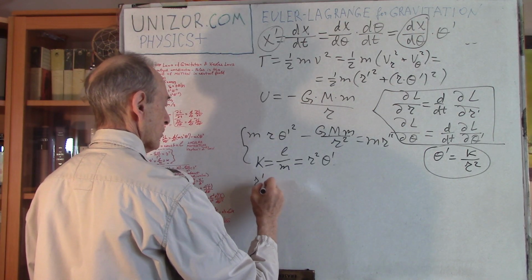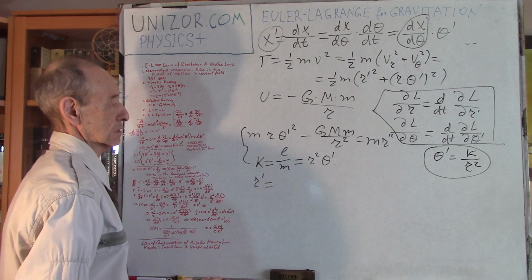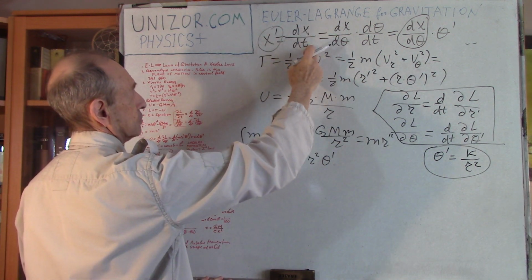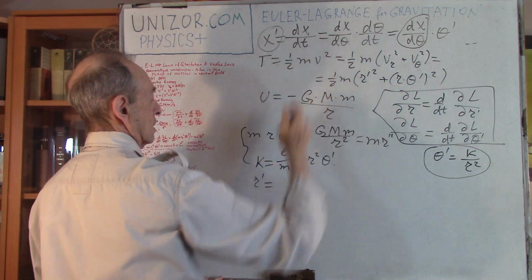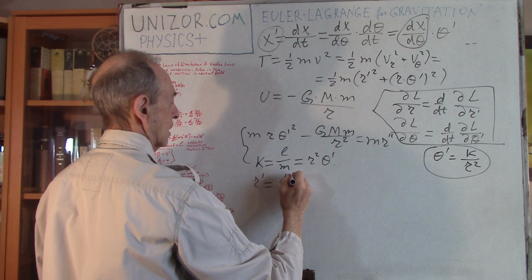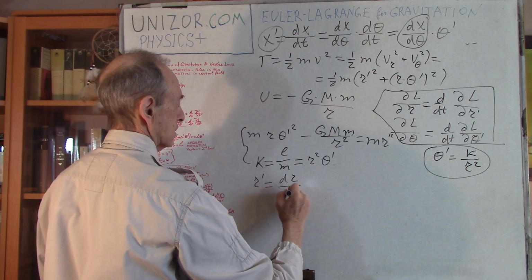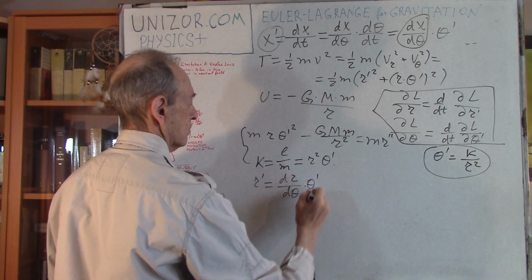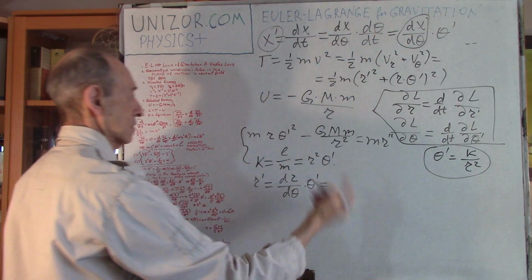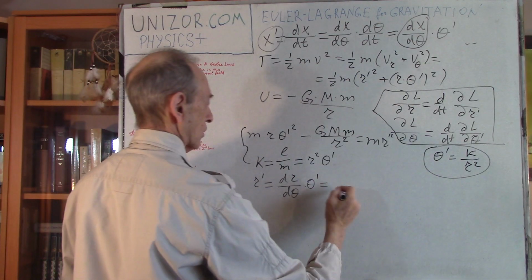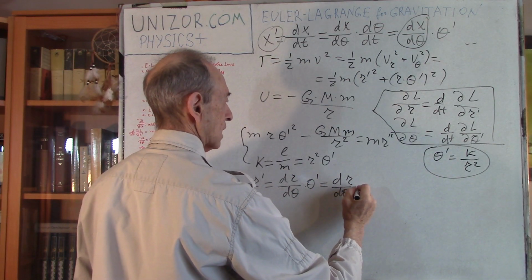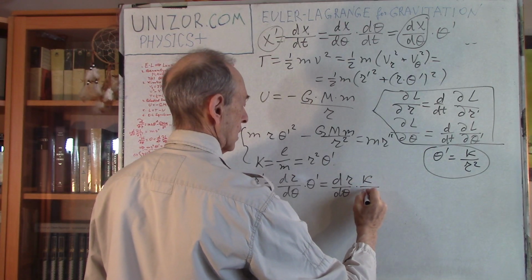First, let's put r prime. What is r prime equal to? Well, if x is equal to r in this particular case, it would be dr by d theta times theta prime, and theta prime in turn can be taken from here, so it's dr by d theta times k r squared.